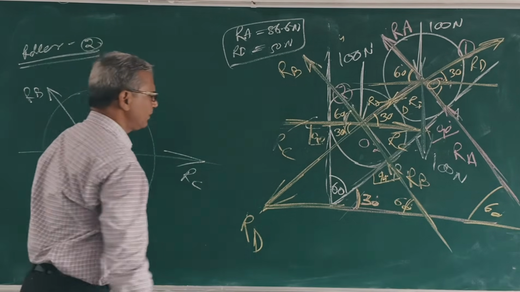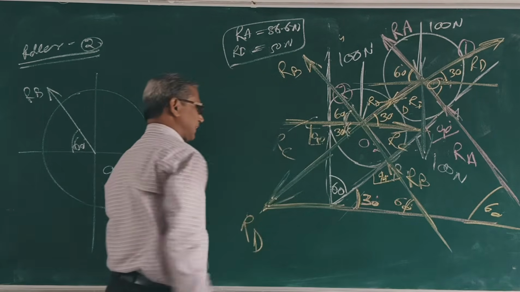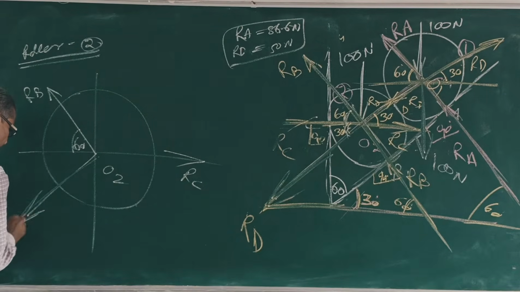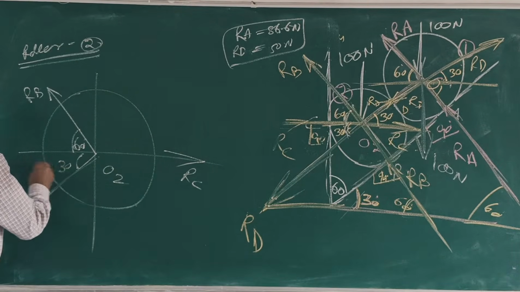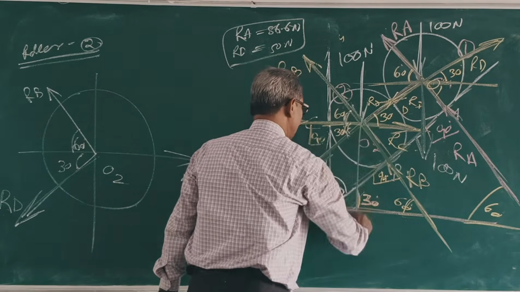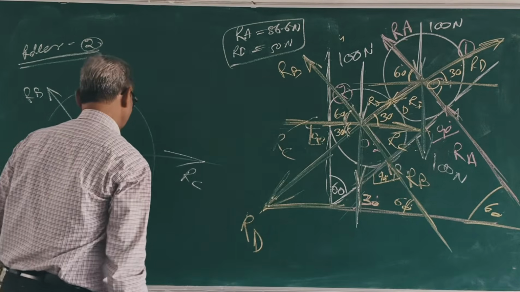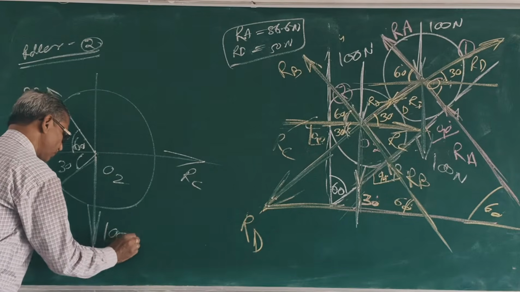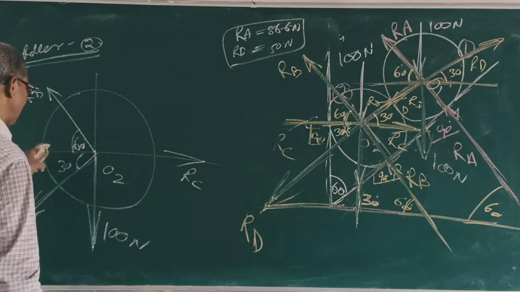This is RC. This is RD, at 30 degrees. Clear? This weight W is Q, 100 Newton. Clear? We have already found RD is equal to 50 Newton.